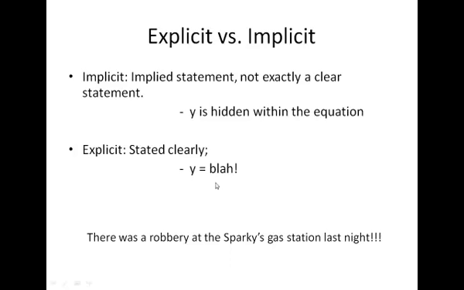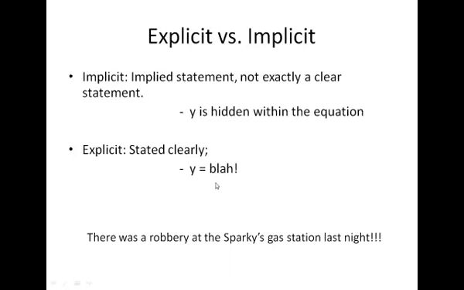And didn't you tell me, Morgan, that you were going to Sparky's last night? And yeah, I think you did. All right, and then I walk out. That would be an implicit way of me accusing Morgan of being the robber. Versus if I just walk in the room and say explicitly, Morgan, I know you robbed the bank, and then walk out.